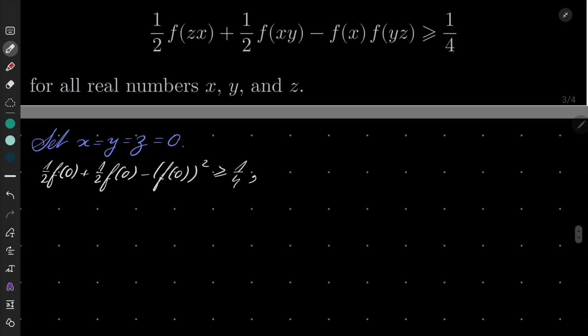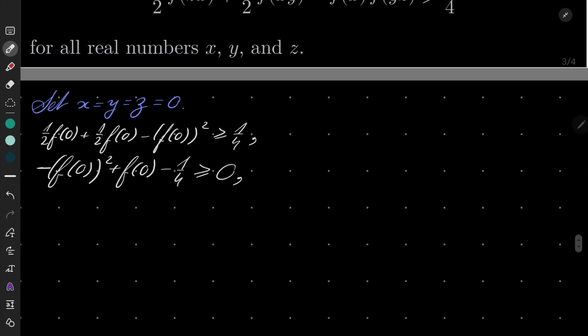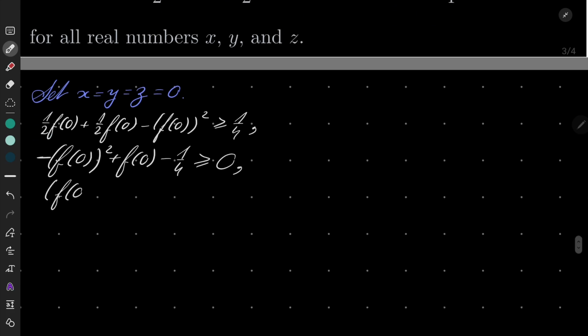Very well. And now let's write it in the following way: minus f(0) squared plus f(0) minus 1/4 is greater than or equal to 0. Let's remove our minus.